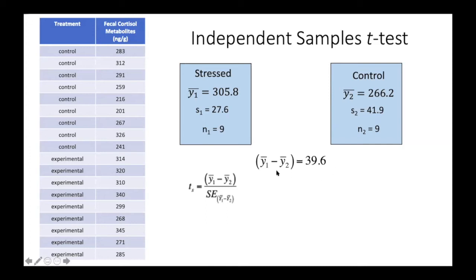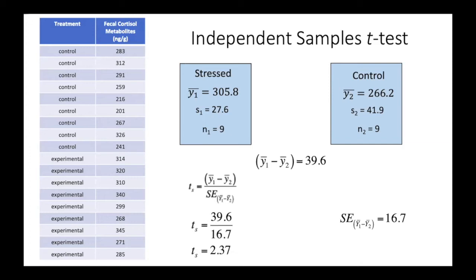So then we can calculate the numerator of our t-test statistic calculation as the difference between these sample means, which we can calculate as 39.6. And now we need to calculate the denominator. And we can do this then based on the formula that I showed you on the previous slide and calculate that the standard error of the difference between the sample means is equal to 16.7.